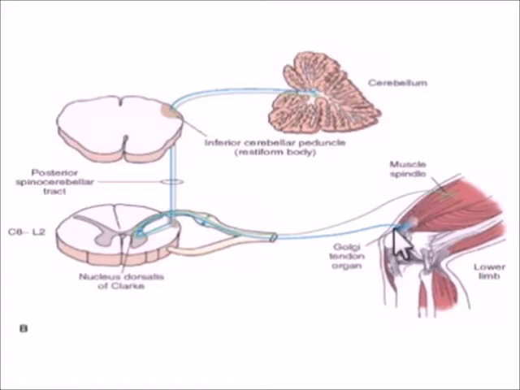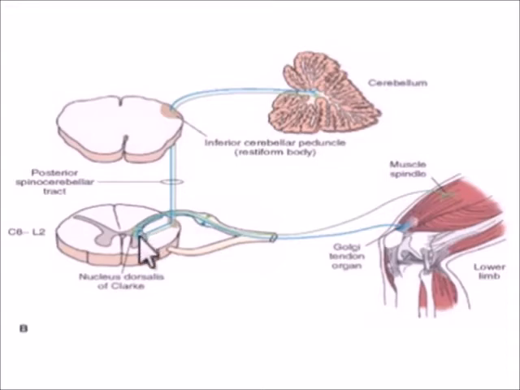This information is carried by the posterior spinocerebellar tract that goes through the posterior root, then through the posterior root ganglion or dorsal root ganglion, and then enters the spinal cord.